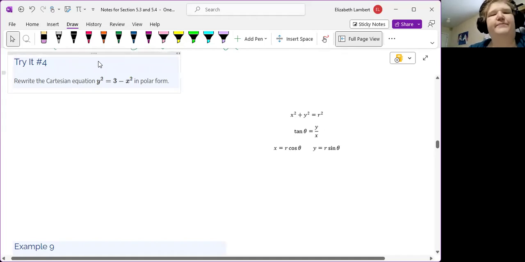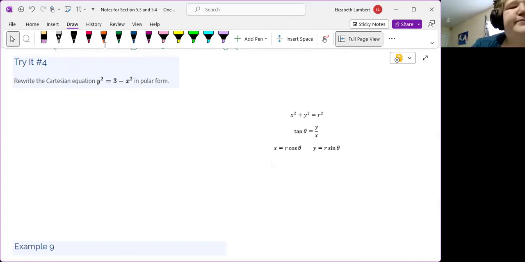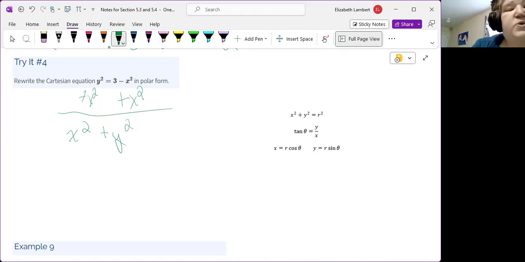So now we have this Cartesian one, we're gonna go to polar. So I see the x squared over here, the y squared over there. All right, well, I got my x squared plus y squared, so let's get them together. So I have x squared plus y squared equals 3. All right, now I can make my substitution.